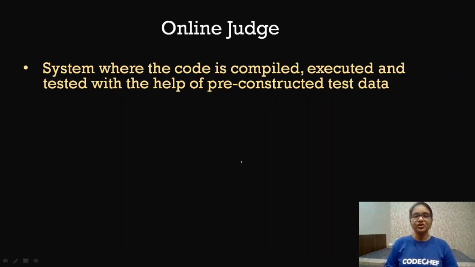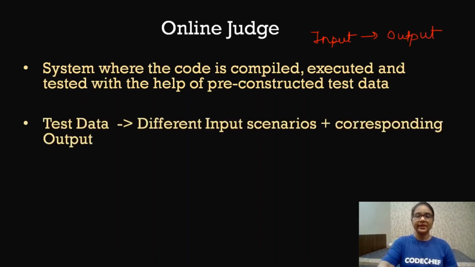When you need to check whether your program is correct or not, you do that on the basis of a particular input and the corresponding output, right? So that is what this test data contains. This test data contains a large set of inputs and outputs related to that problem, and our code is supposed to match all of those inputs and outputs.